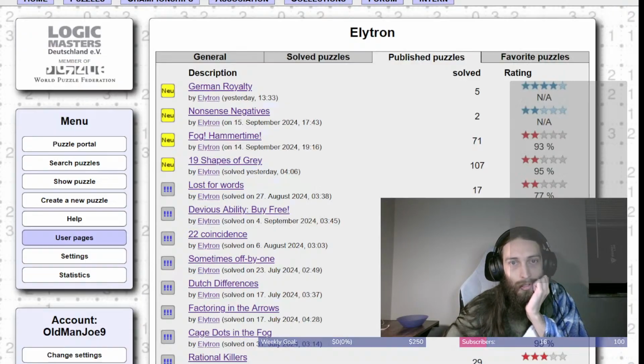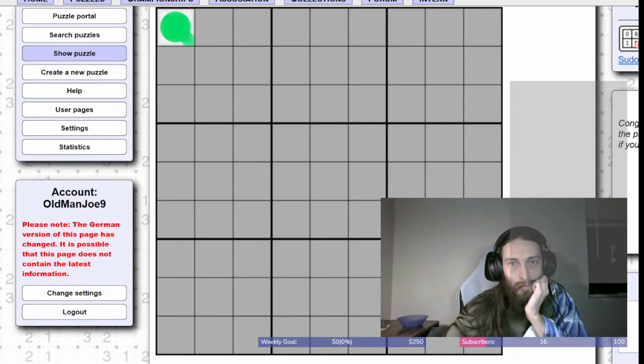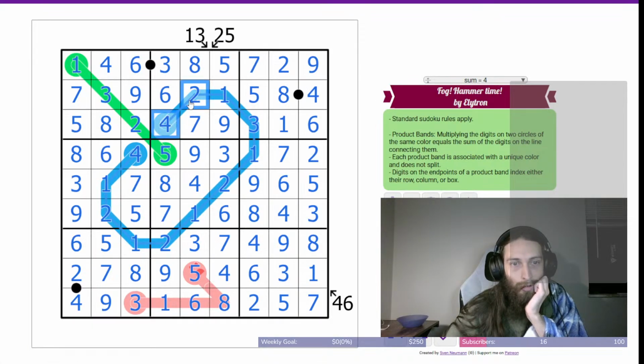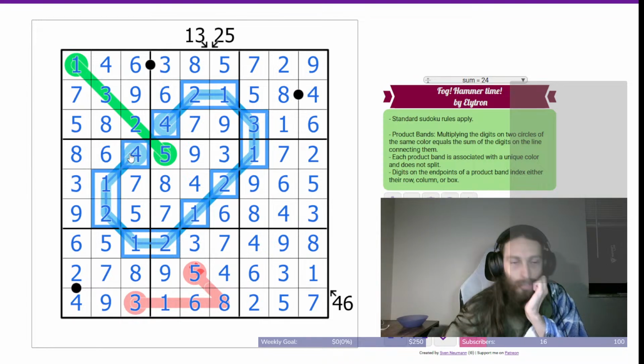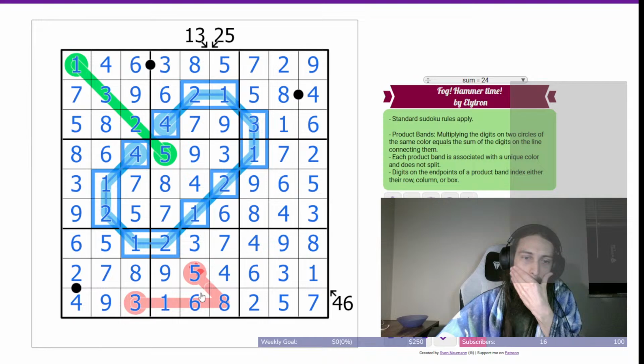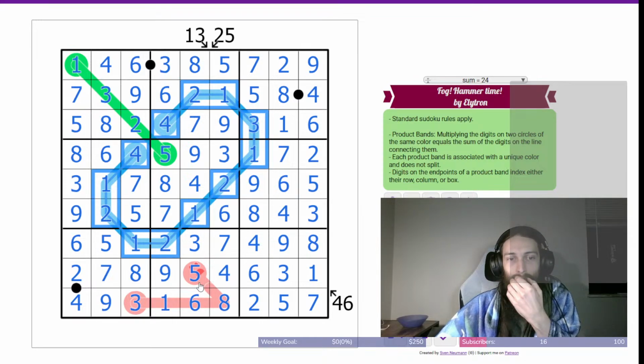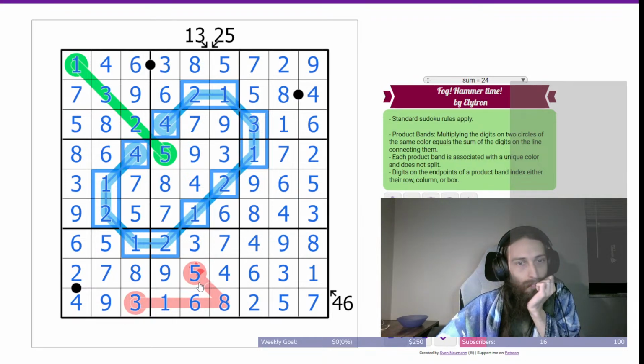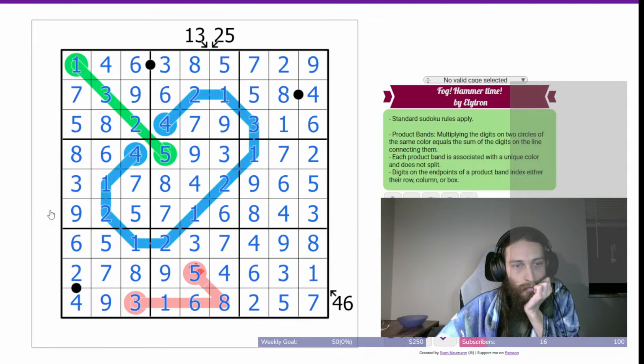Hard? Figuring out this path, I don't think was easy. It wasn't that hard because we recognized where it had to go. Fairly, I don't think it was that hard to get the path.